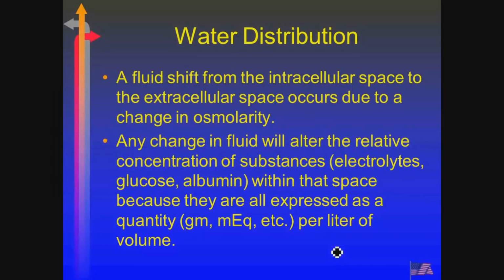What's it for bicarbonate? Per liter. So if I change the number of liters I have, I change the concentration of that value. It's going to become very important when we look at some of the electrolyte values. It's not necessarily that the electrolyte amount has changed, it's the amount of water which has changed.